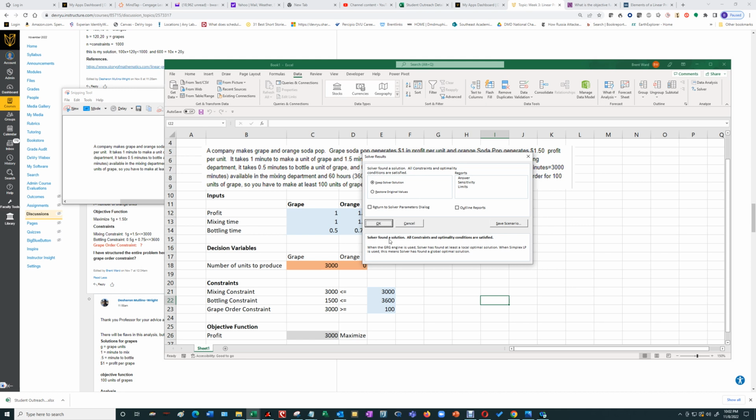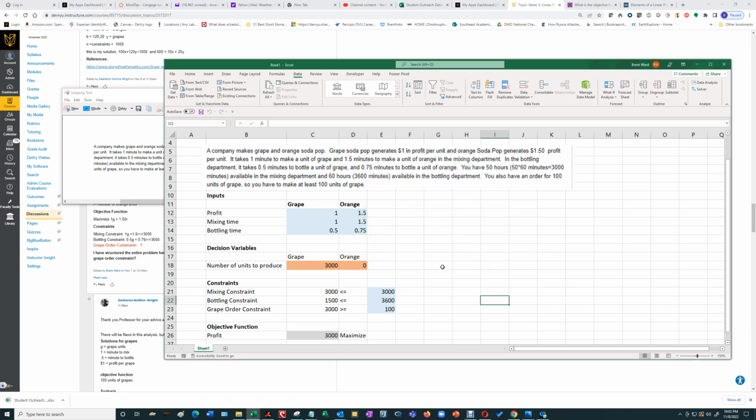Click on OK. It said it found a solution, which is good. So what it's saying here is that the number of units that we should produce would be 3,000 units of grape and 0 orange. Now why is that when orange has greater profit than grape does?